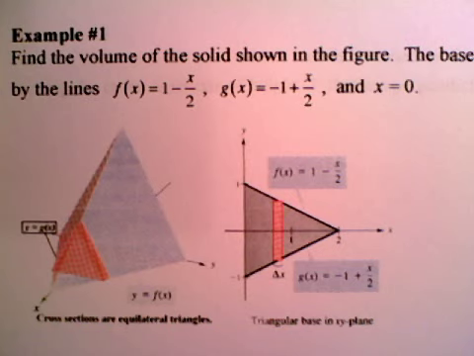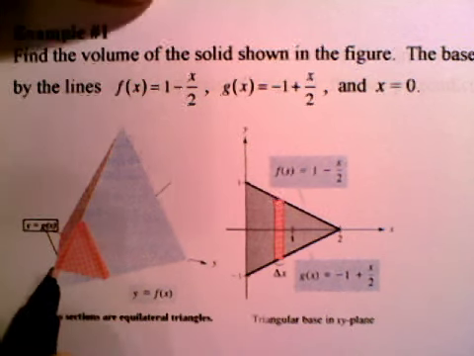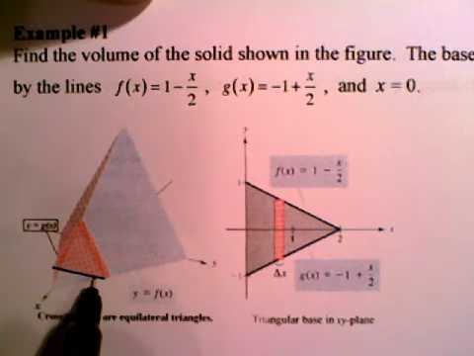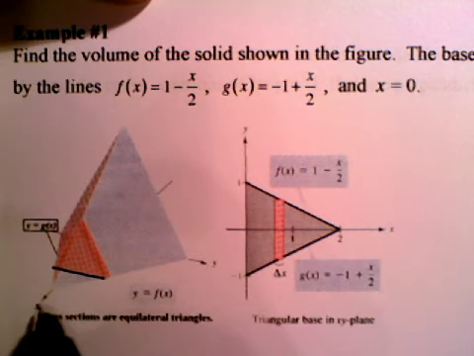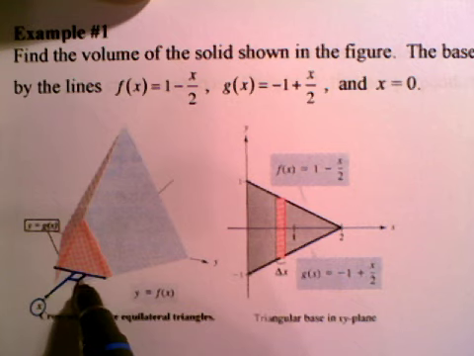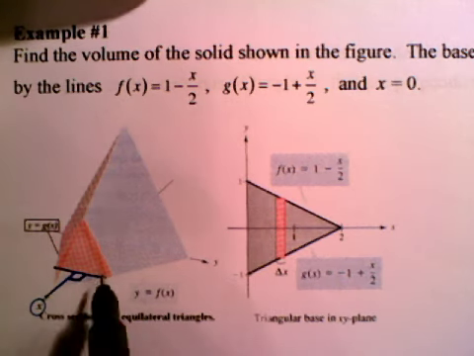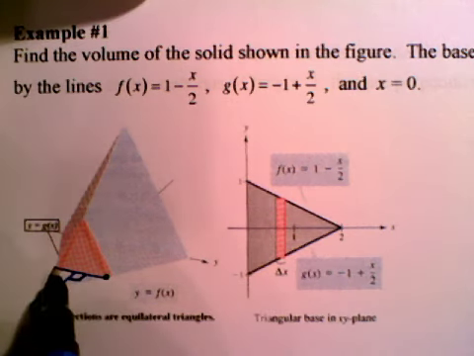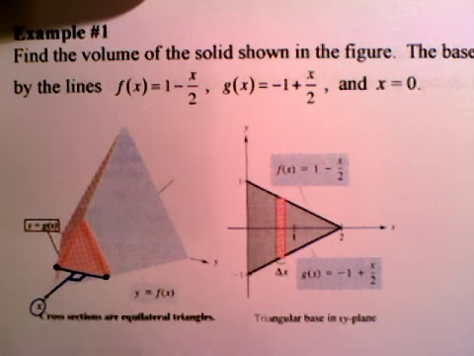We've got cross sections that are equilateral triangles, and the base of each cross section is perpendicular to the x-axis, coming right toward us. Our main goal is to figure out the length of that base, and that's what we're always going to be trying to find. What is the length of the base?